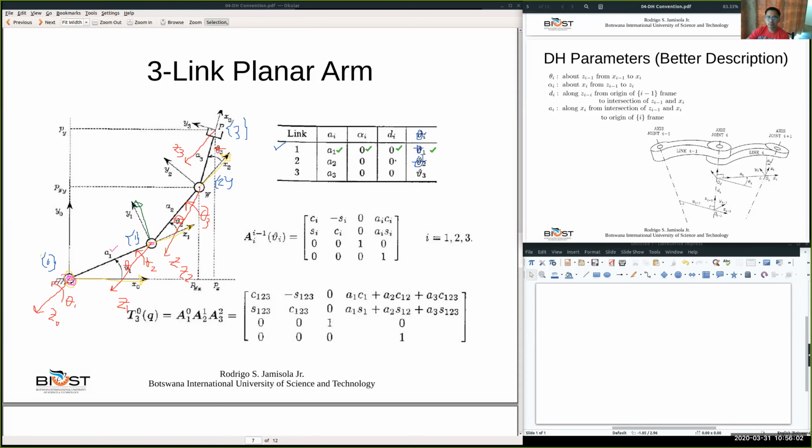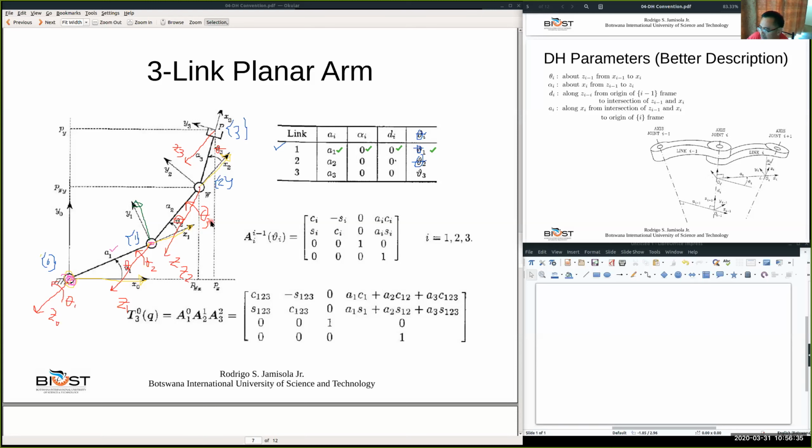Let's check one more time. About Z1 for theta 2, from X1 to X2. X2 extends up to here, and remember, this X2 intersects with Z1. So from here to there, that is your theta 2.